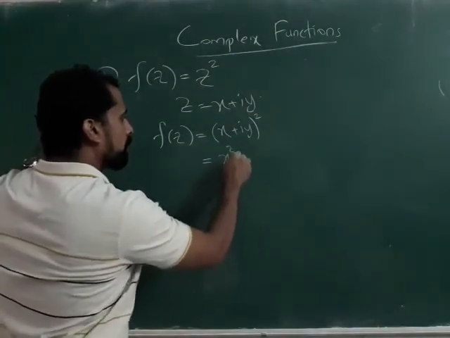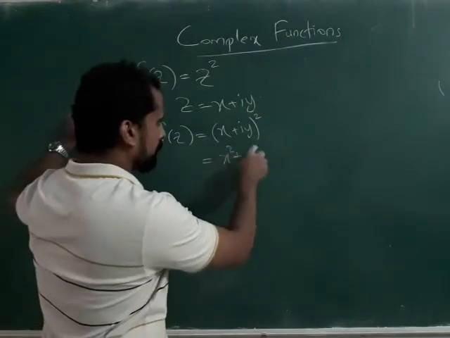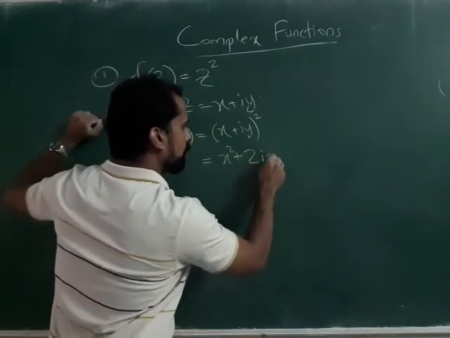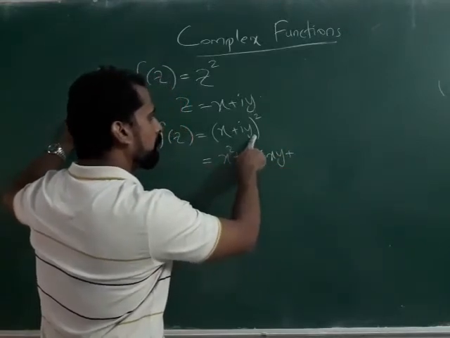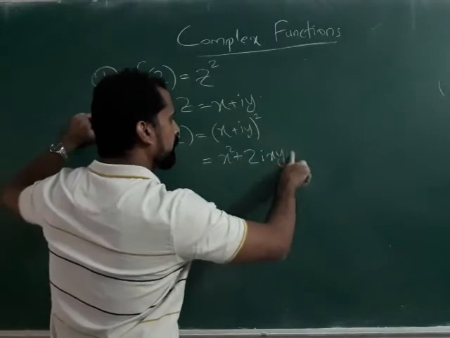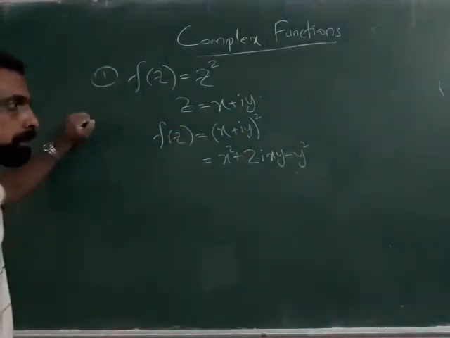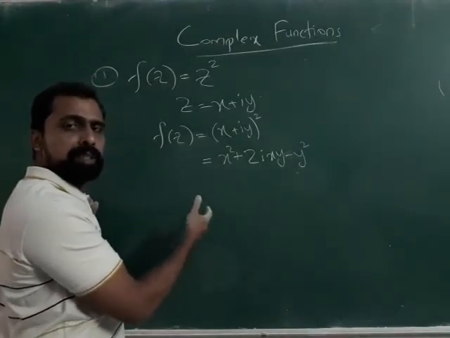x square plus 2 into ixy plus (iy) all square, that will be minus y square, because i into i becomes minus 1. So you just take the real part and imaginary part separately.